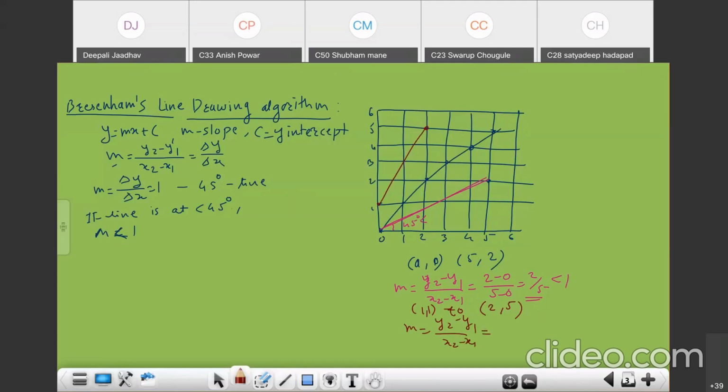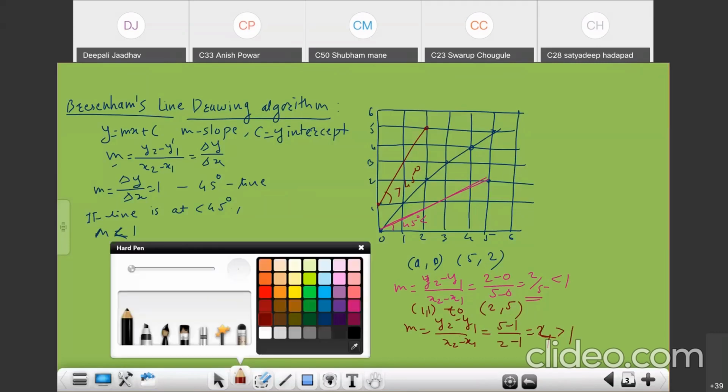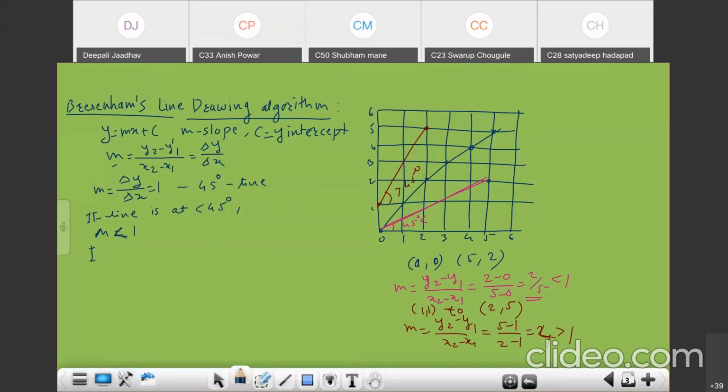What is the value? (5 - 1) / (2 - 1) = 4. Is it greater than 1? Yes, this slope is greater than 1. And what we observe here is that the angle is greater than 45 degrees. So the simple rule is that if the line is at an angle greater than 45 degrees, then m is always greater than 1.